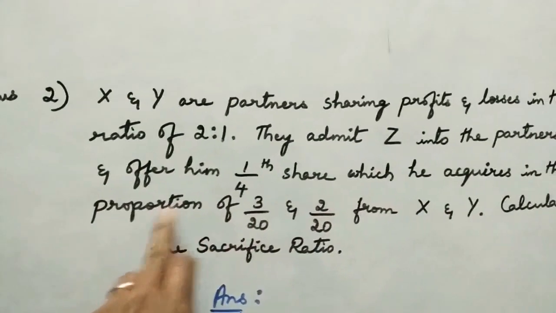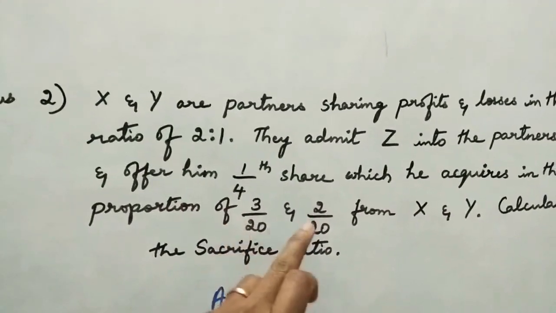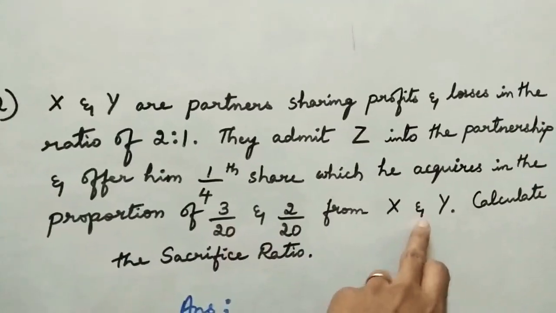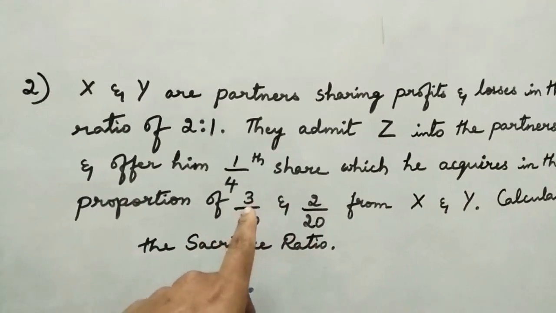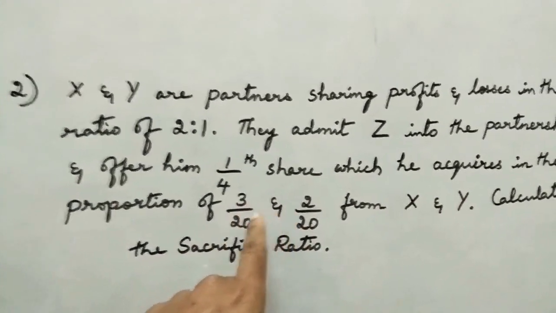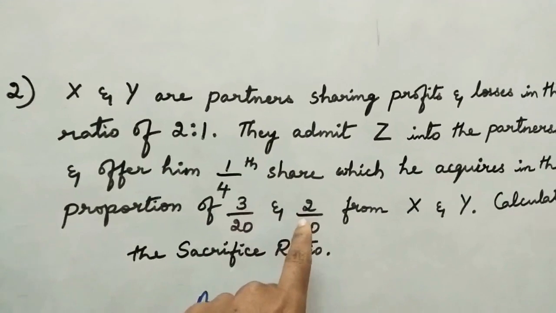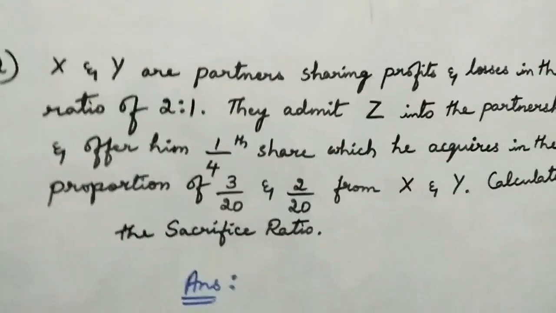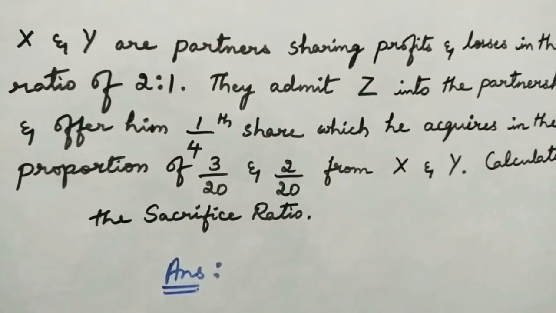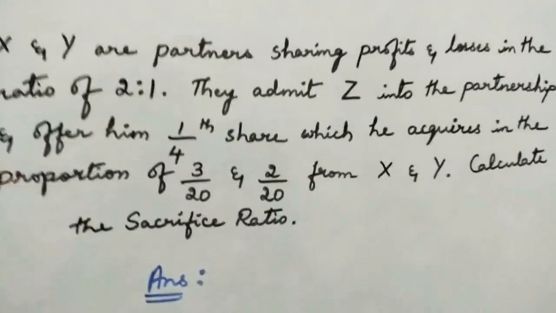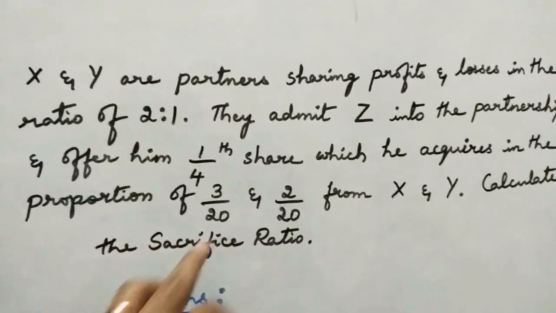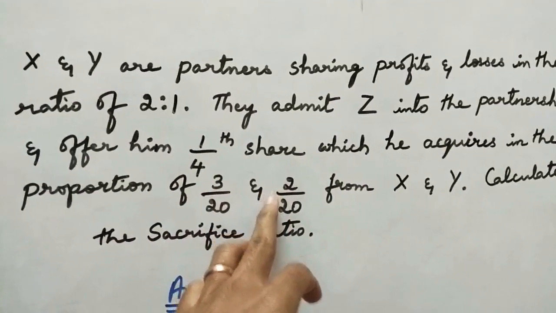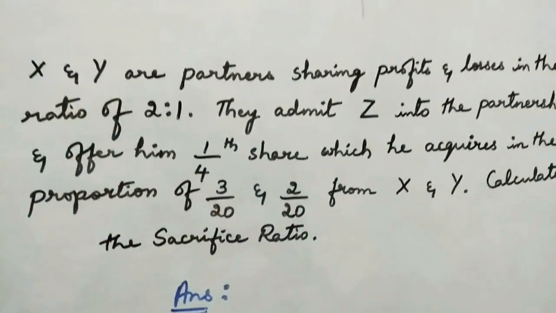He is getting a proportion of 3/20 and 2/20, which clearly tells that the old partners are giving him a 3:2 ratio of their share. Observe clearly, which means they are sacrificing in the ratio of 3/20 and 2/20 to the new partner.